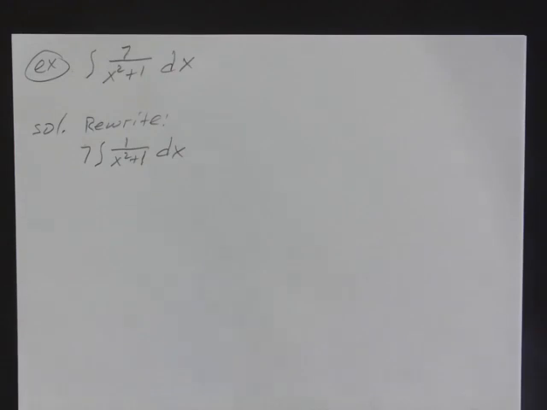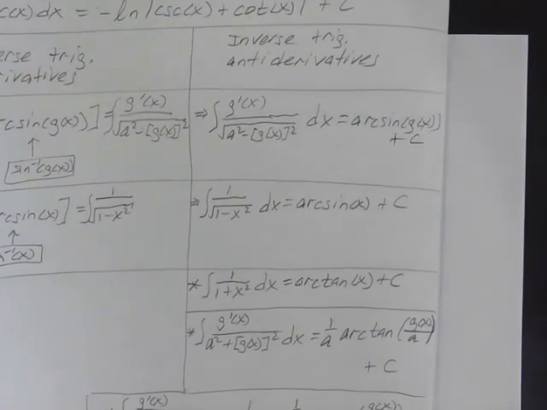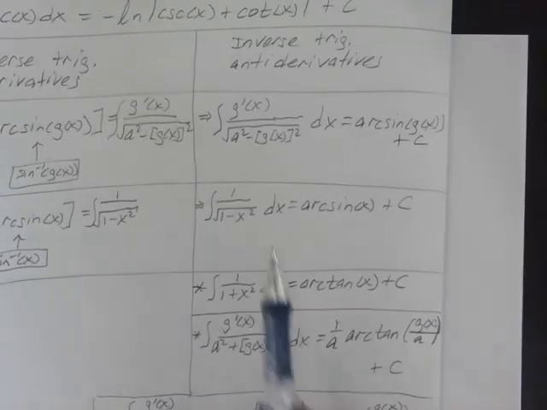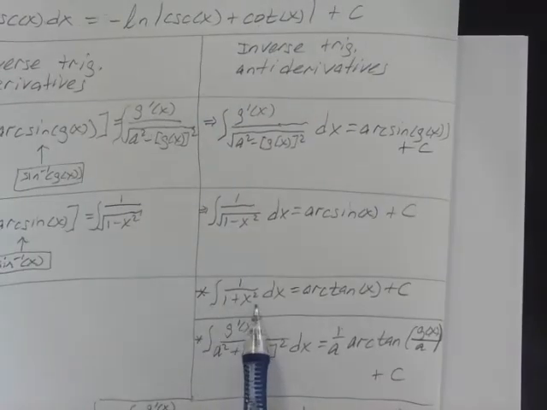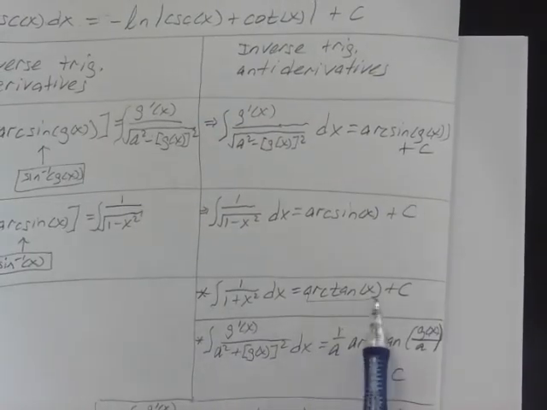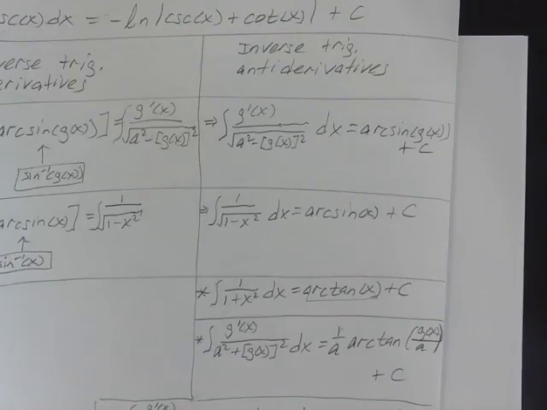Now with this one, you can't rewrite that as x to the power of some real number like we were able to do so far. But if you remember, if you go back to your inverse trig antiderivatives, you have the antiderivative of 1 over 1 plus x squared as your arctangent or tangent inverse.